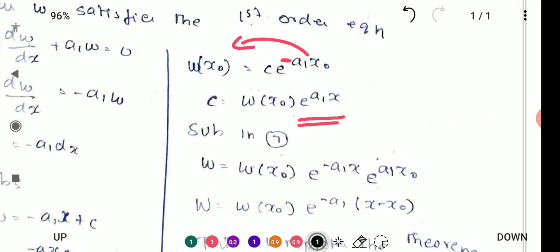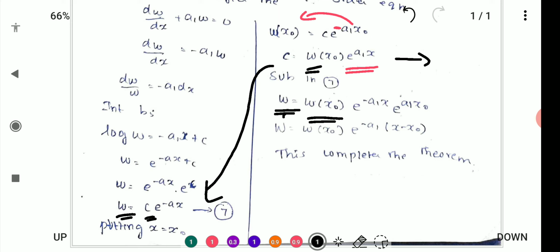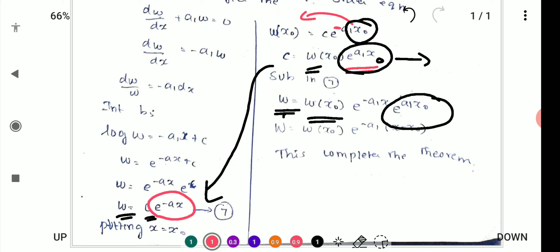So I am going to substitute this in the 7th equation. So w is equal to, instead of c, w of x naught e power a1 x naught. Okay, because there it is x naught. So when it goes to that side, I will be getting e power a1 x naught. Then what is the remaining term? e power minus a1x.